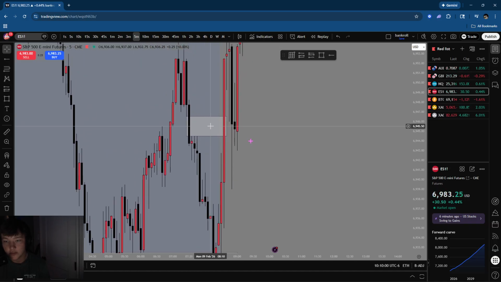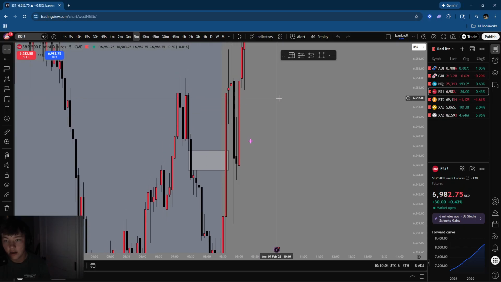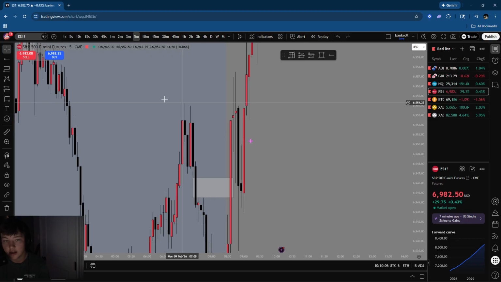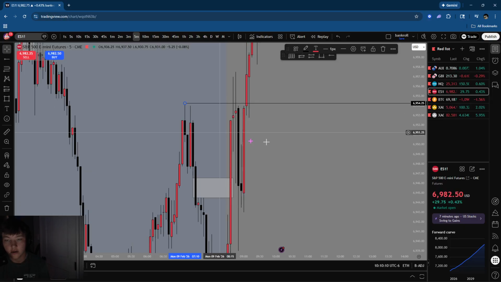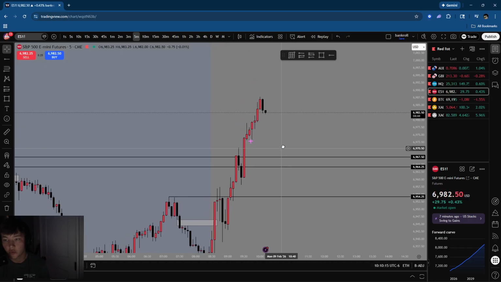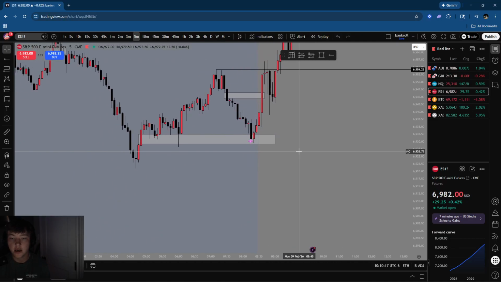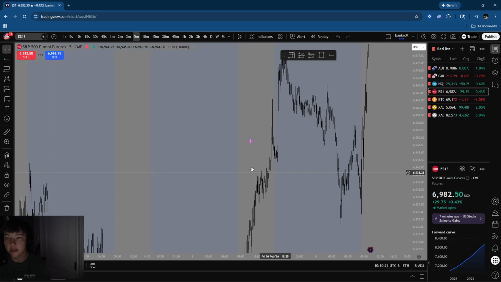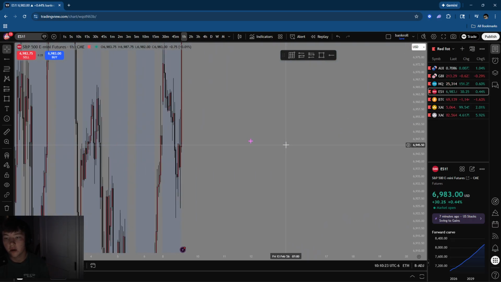Boom, we disrespect the bearish fair value gap up here, and then look, we take out these highs like I mentioned earlier, have a little retrace, boom, say you could enter there, and then what do we do from there? Just rip up.